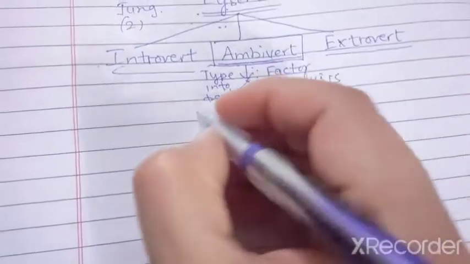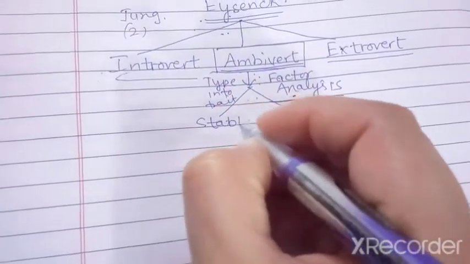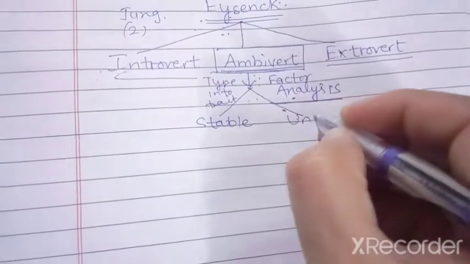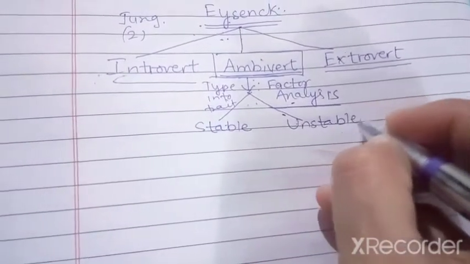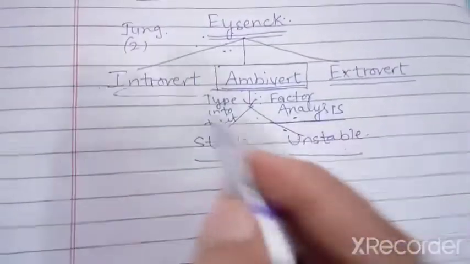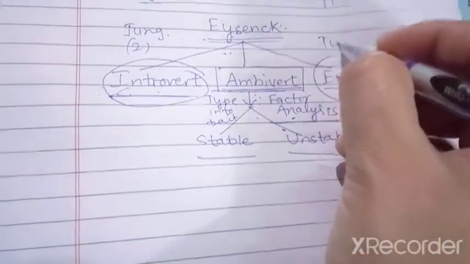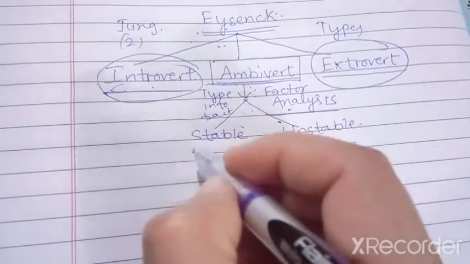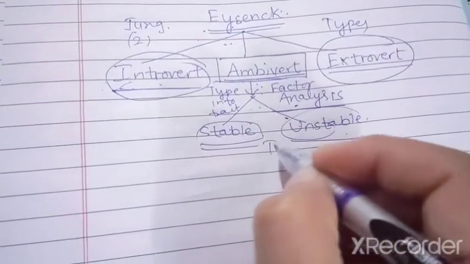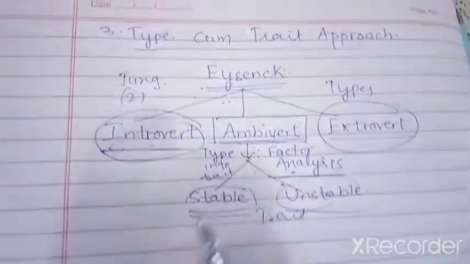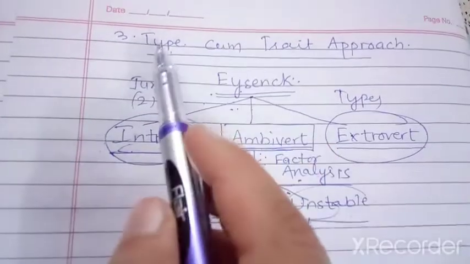And these two traits are stable and unstable. So now we have these two types and these two traits. I hope now it is clear to everyone why this is called the type-cum-trait approach.